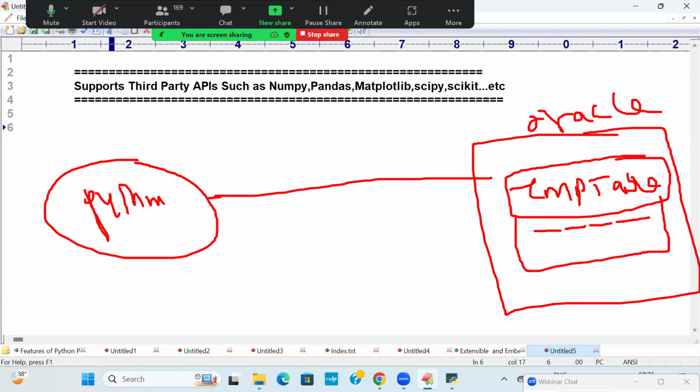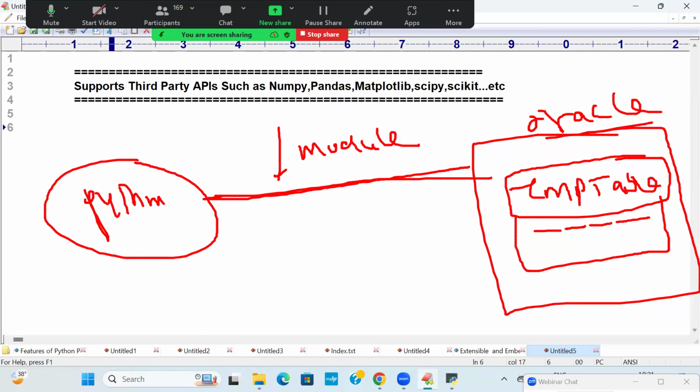If any Python program wants to communicate with third-party products, definitely I need to use what? A module. I already said, anything you want to do, you have to deal with a module. The moment you sit, a module is required. The moment you stand up, a module is required. Anything you want to do, a module is compulsory. The Python program wants to communicate with the Oracle database.